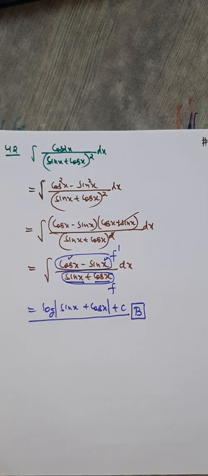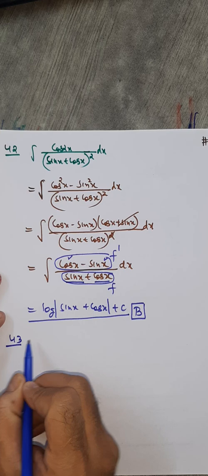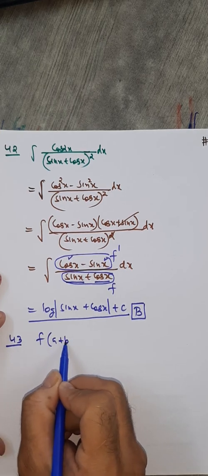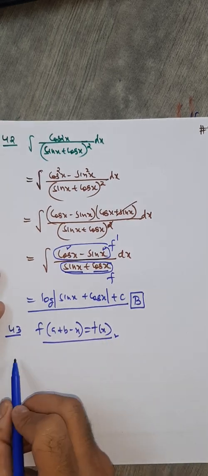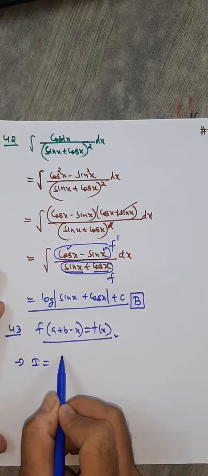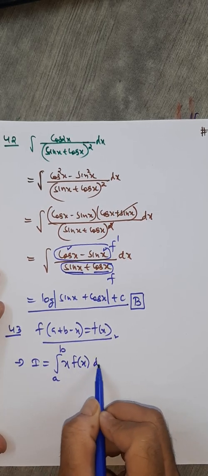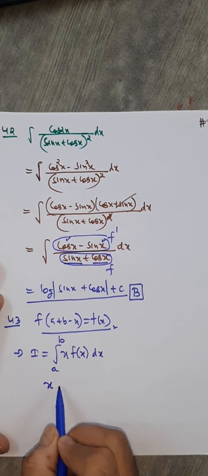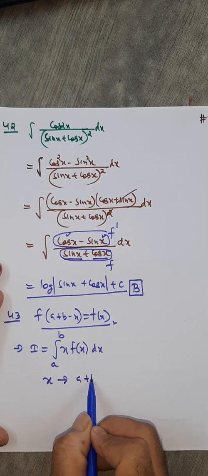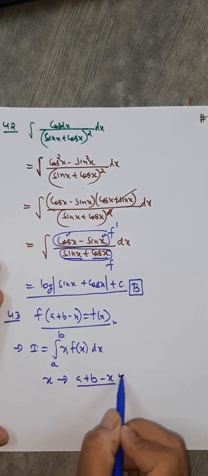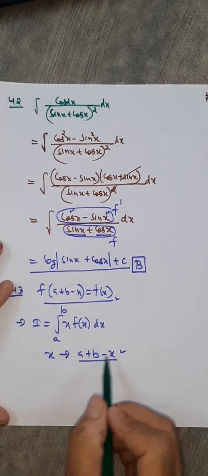The next question here, question number 43. You are given f of a plus b minus x equals fx. That's given to you. I equals integral a to b x into fx dx. Now here simply use this concept: replace x by a plus b minus x.